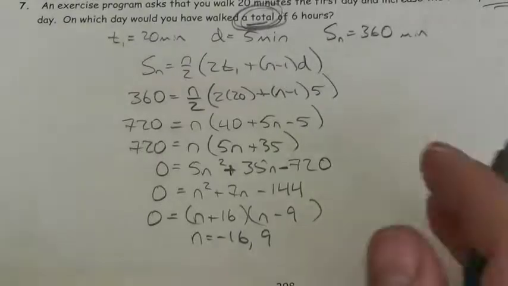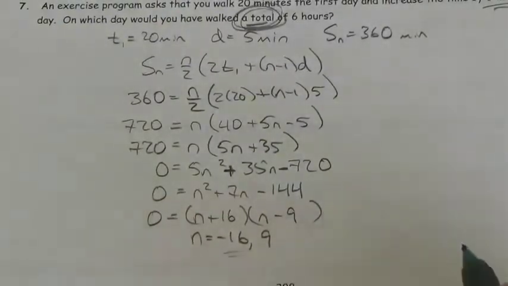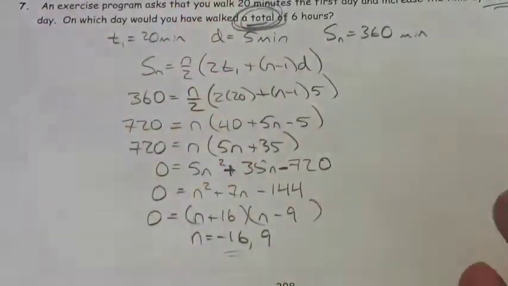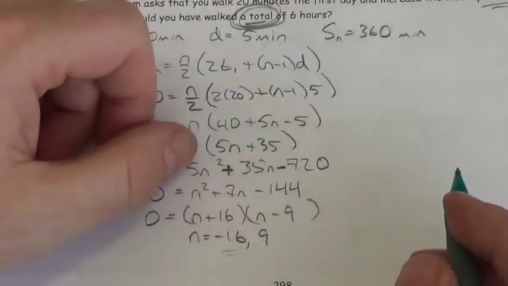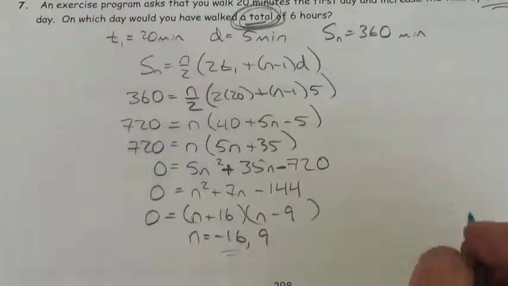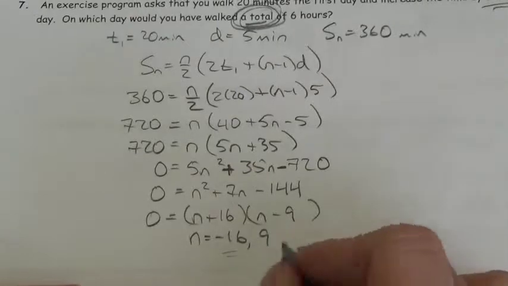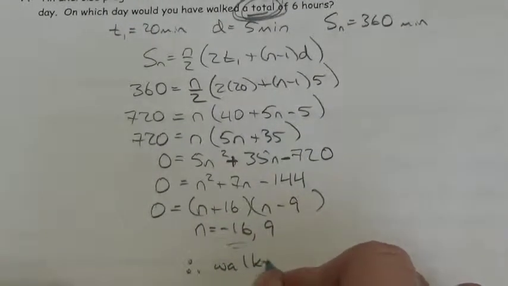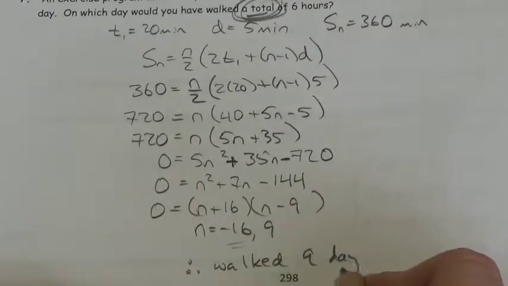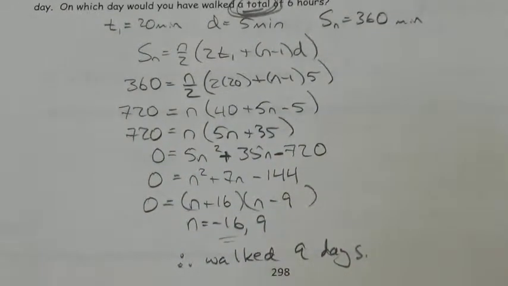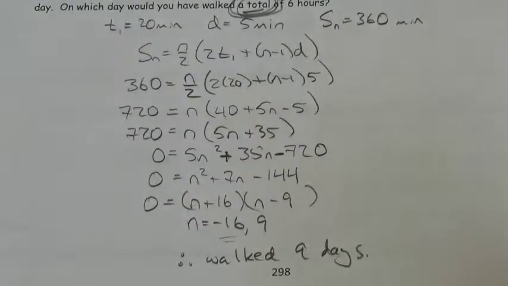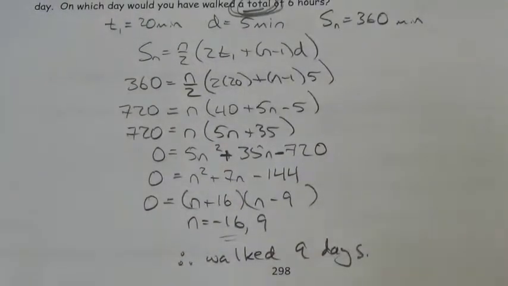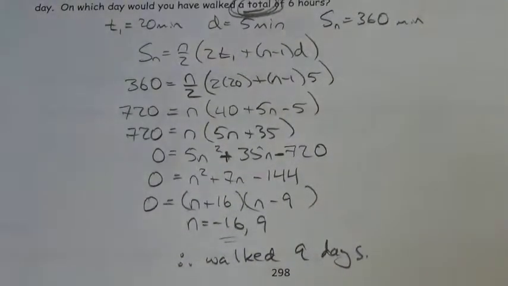Now, in the context of this chapter, the negative n doesn't make any sense. That's not how we count off values here. So this must have been 9, so therefore we walked 9 days. If we follow that particular little pattern, for 9 days we'll have walked for a total of 6 hours.